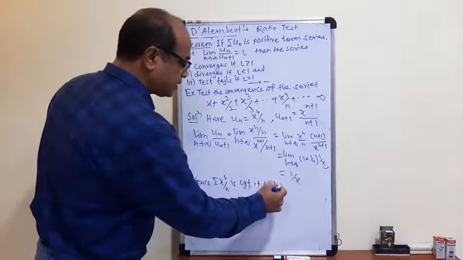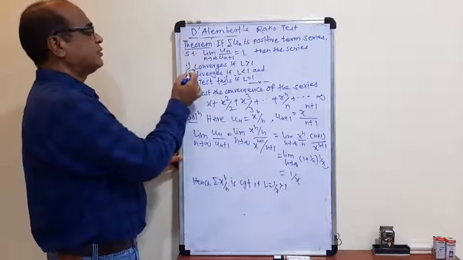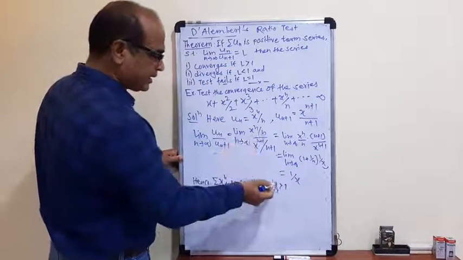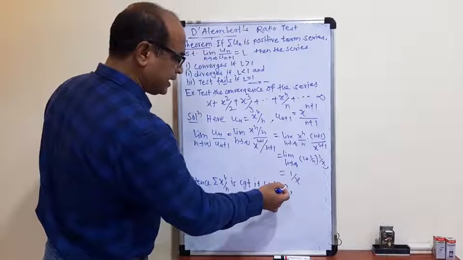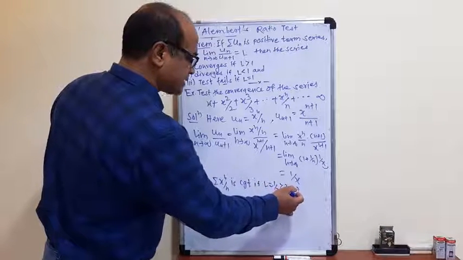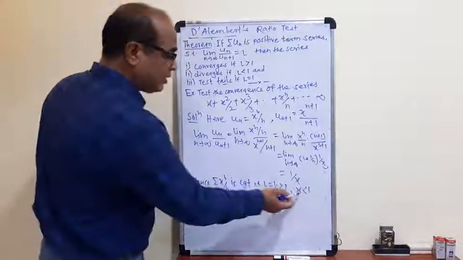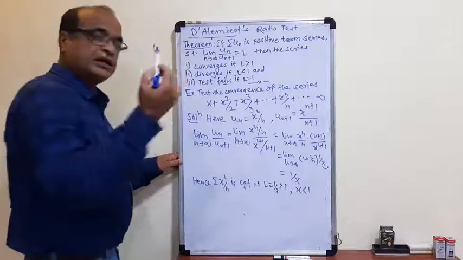So here it is test 1. So what is the first condition? Converges if L is greater than 1. So what does it imply? Multiplying by x throughout, we get x is less than 1. If the value of x is less than 1 in this series, then the series is convergent.